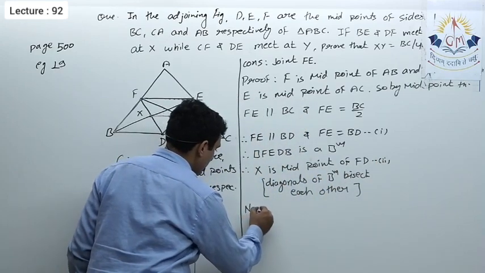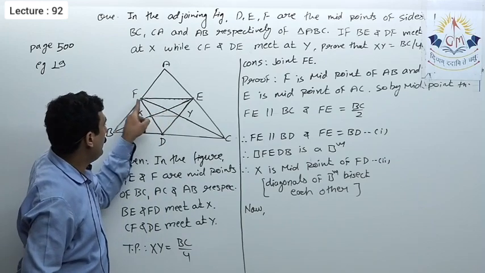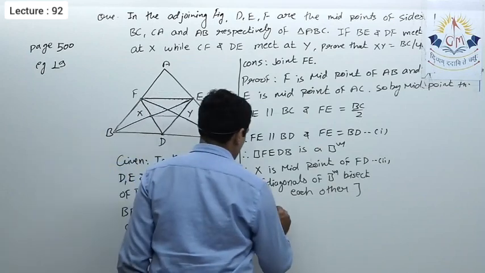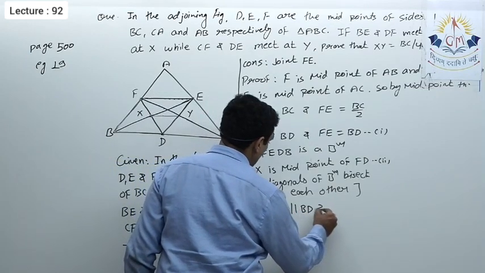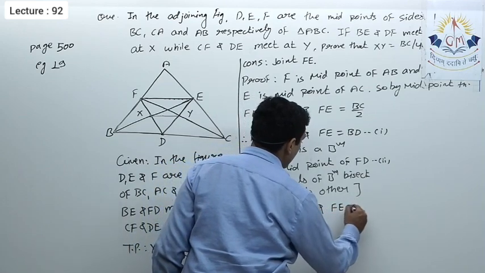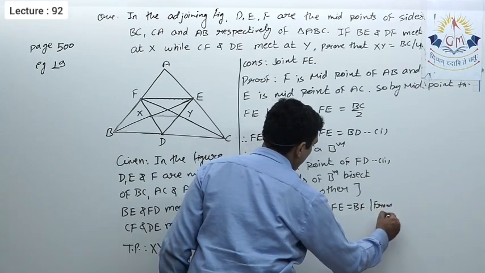Here I proved FEDB is a parallelogram. In a similar way, I will prove FECD is a parallelogram. Now FE parallel to BD and FE is equal to BD, from first.